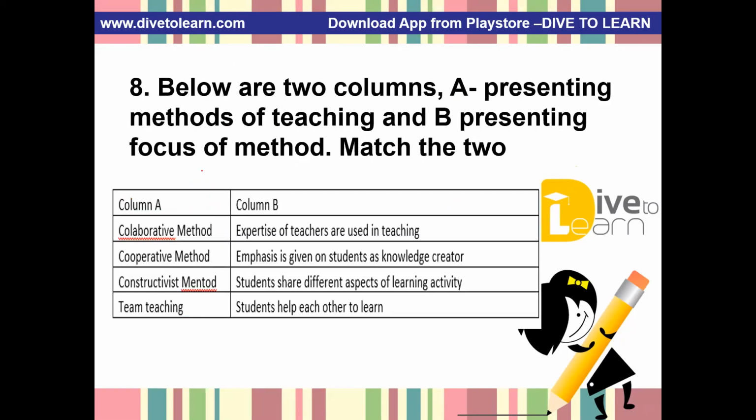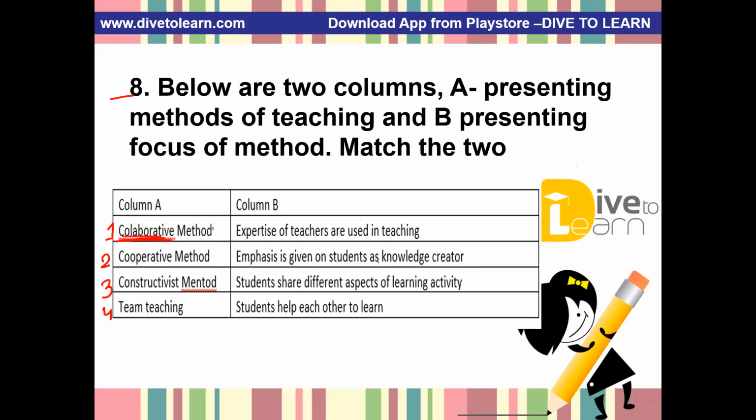Next question, below are two columns, so we will go one by one. Okay, 1, 2, 3, 4. I'll just explain little on these. So collaborative method. In collaborative method, what are we trying to do? You're collaborating, like YouTubers collaborate, or we collaborate for a project.